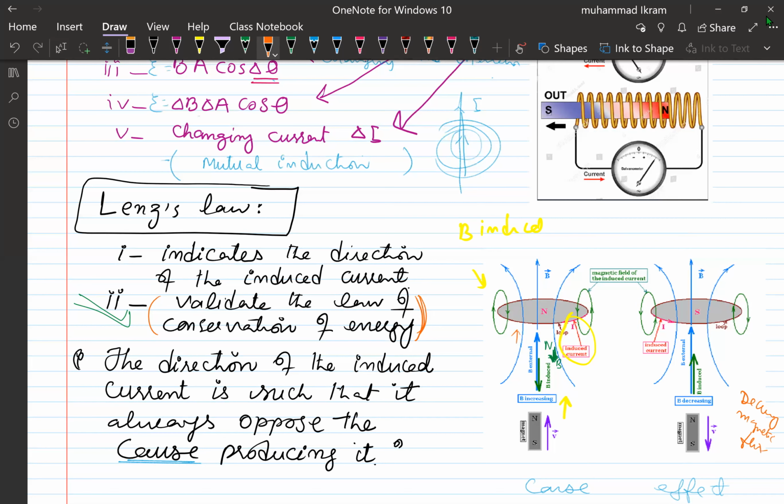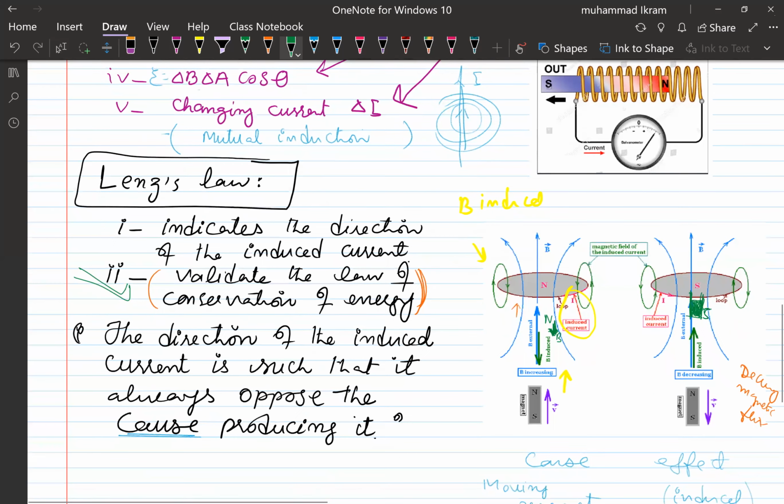So the induced current will have an induced magnetic field, and that induced magnet now has the south pole on this side of the coil or solenoid. And you know that unlike poles attract. Like poles were repelling, but here the unlike poles attract, so still its motion is resisted.